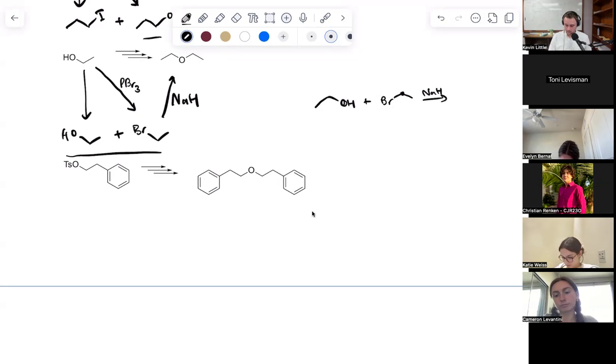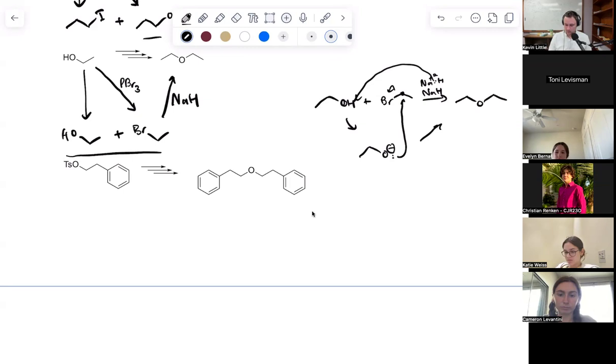So in this case, my base will deprotonate my alcohol, giving me a charged alcohol, which then will do a substitution on this alkyl halide to give me this.